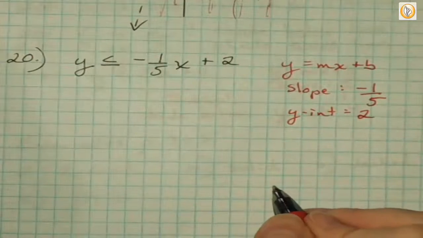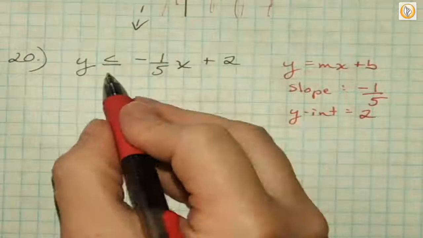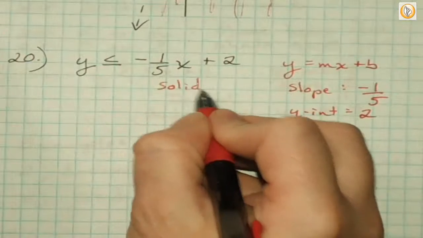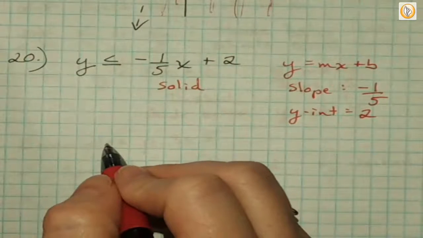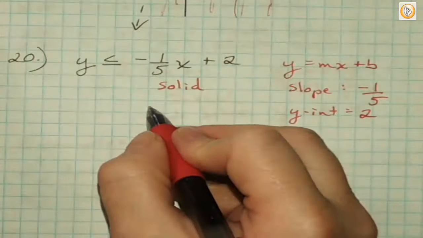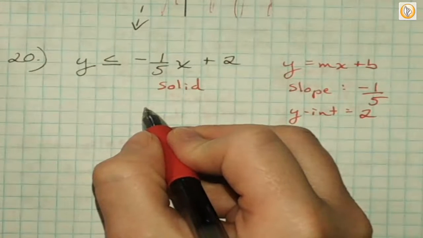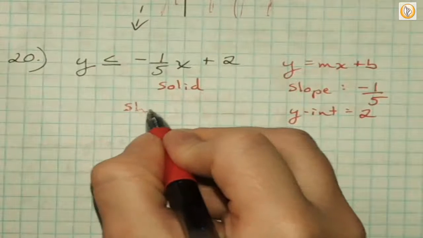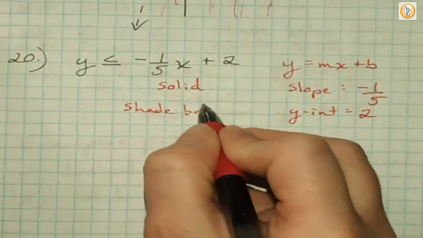Very good. Is this a solid or dashed line? Solid. And am I going to shade below or above? This is less than, so you are correct. Shade below.